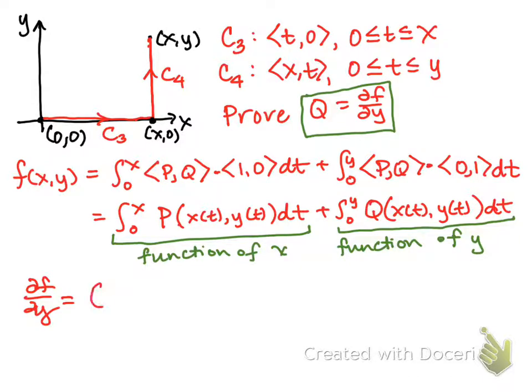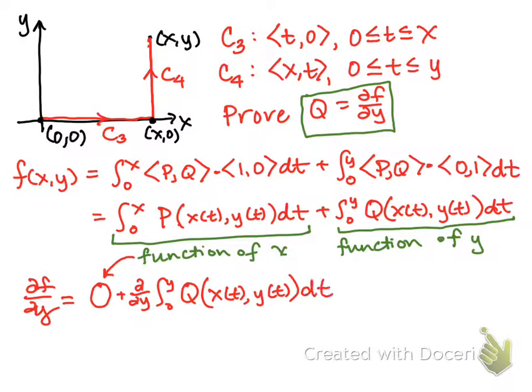So therefore, I'm going to get a 0, because the first integral is a function of x, and now x is being treated as a constant. And then for the second integral, after we take the derivative with respect to y of an integral and apply the fundamental theorem of calculus, we are just going to get Q. And so I get df dy equals Q of x, y.